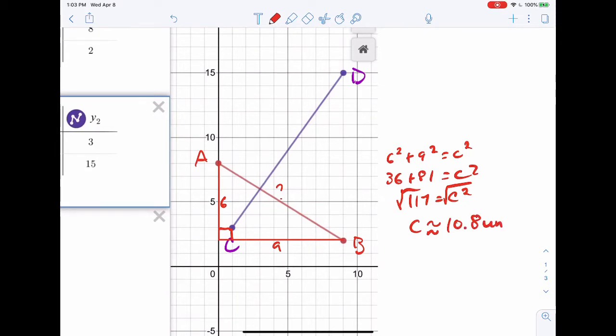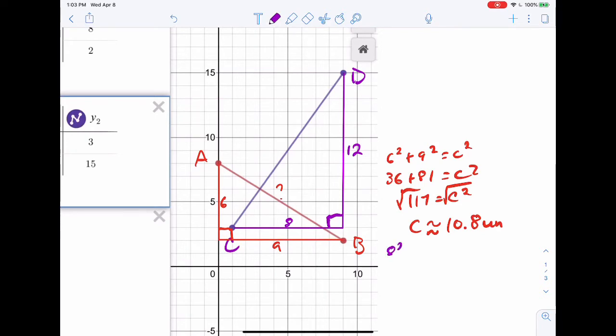Go ahead and do the same thing for CD. You can use the Pythagorean theorem, or you can use the distance formula. Right, there's the right triangle for CD. And here we have a height of 12 and a base of 8.